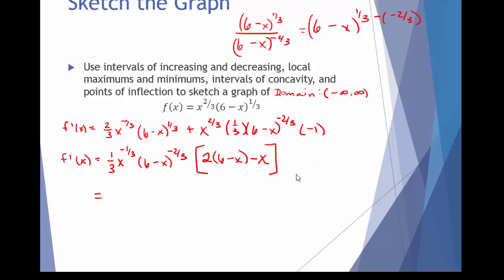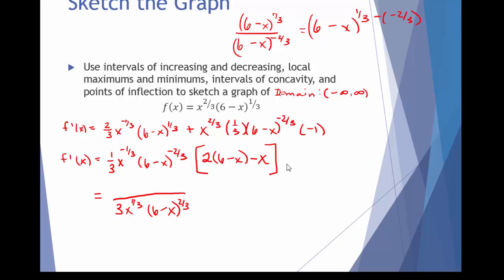So when we simplify this a little bit more, I'm going to put my 3 in the denominator. I'm going to put this x to the negative 1/3 in the denominator, so it becomes x to the positive 1/3. (6 minus x) to the negative 2/3, I'll put it down to make it (6 minus x) to the positive 2/3. That's all in a denominator.